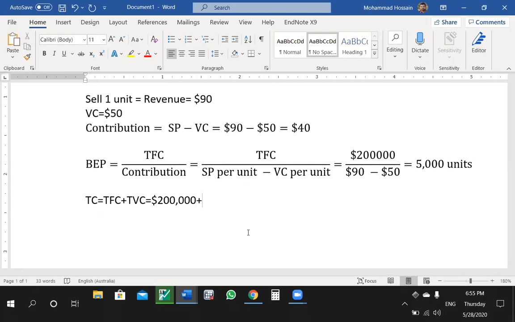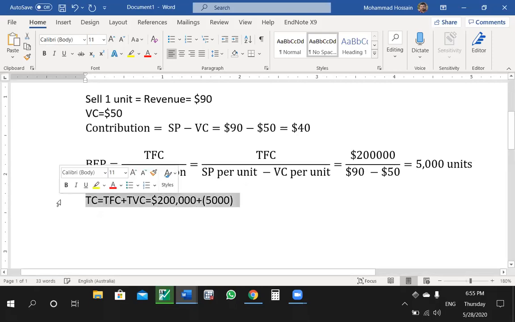Variable cost is how many units you produce times how much per unit. So how many units are you producing? 5,000 units.